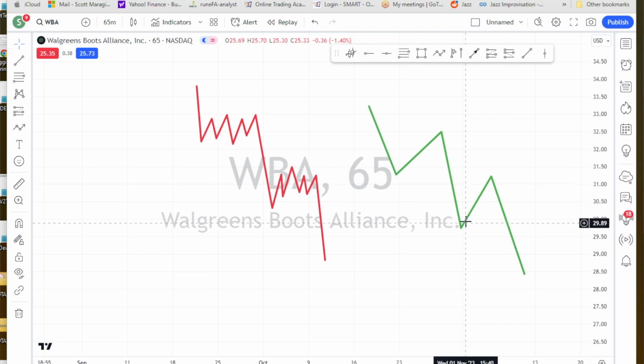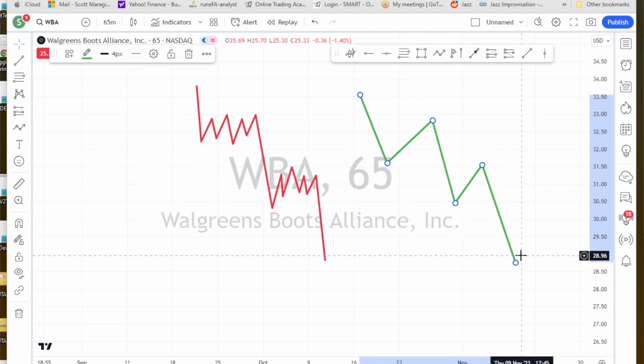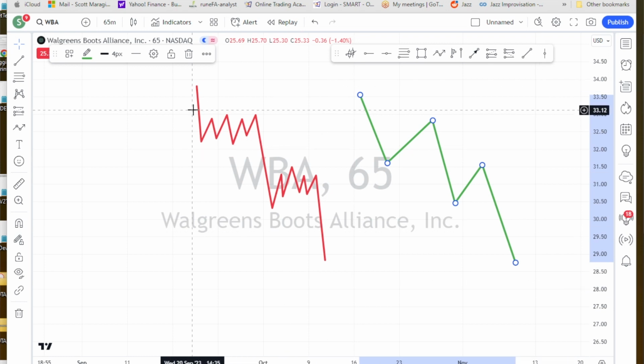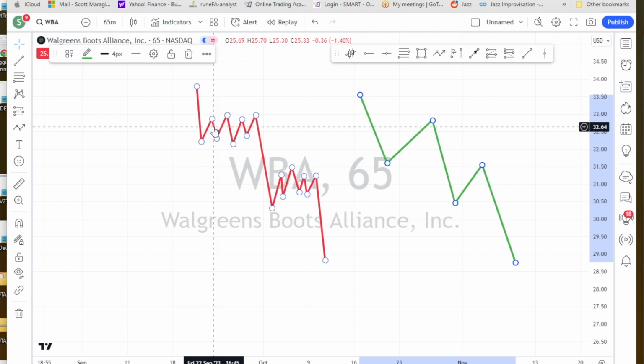So what we're really looking for is a sequence of impulsive and corrective moves, the impulsive move being the strong directional motion, interlaced with this garbage, just noise, is the best way to describe it.